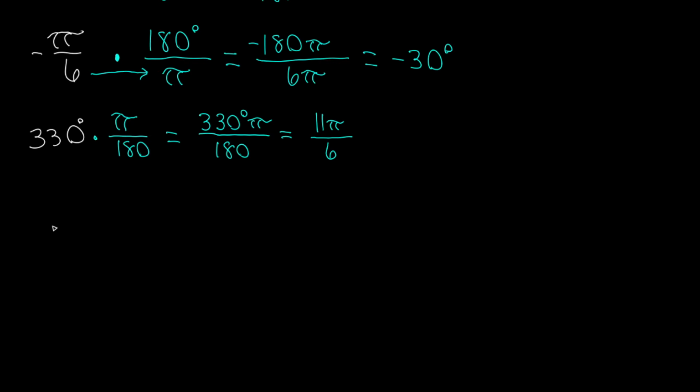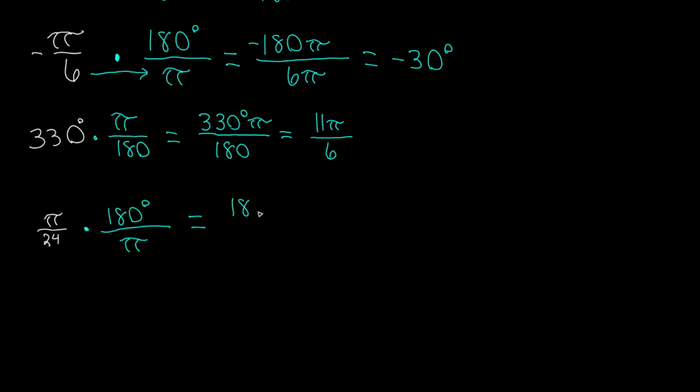What about pi over 24 radians? It'll be the same as before, but it'll be a much smaller number. We want degrees, so we're putting our degrees on top. We want to get rid of radians, so we're putting those on bottom.